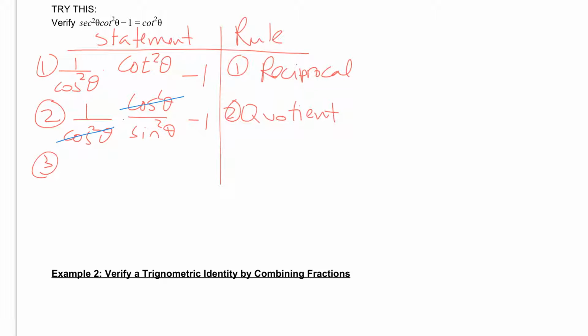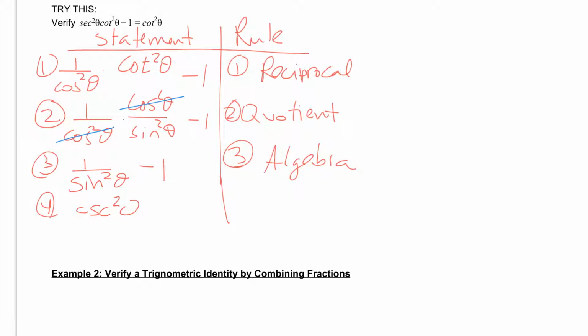This cosine squared and that cosine squared can cancel, leaving me with 1 over sine squared theta, minus 1. And that was just an algebra. And then in my fourth step, 1 over sine squared, I can make into cosecant squared theta using my reciprocal identities.